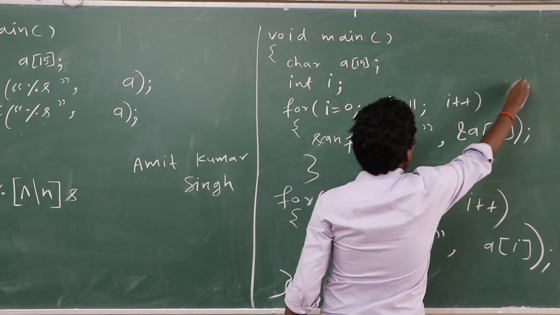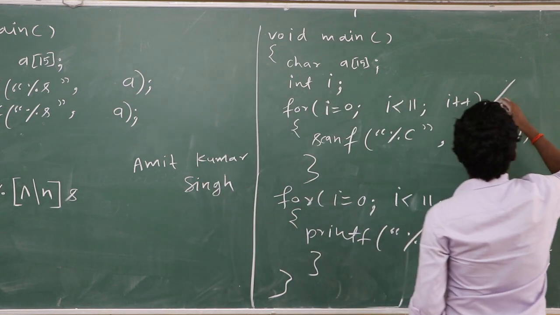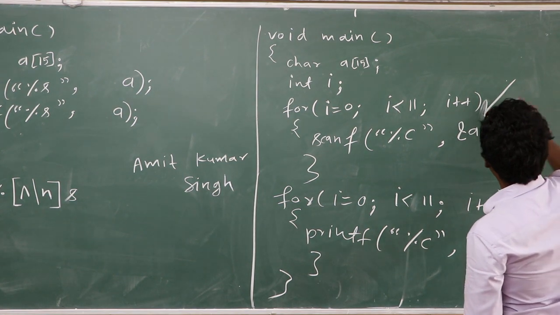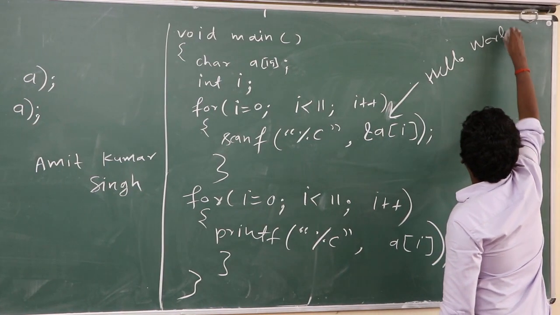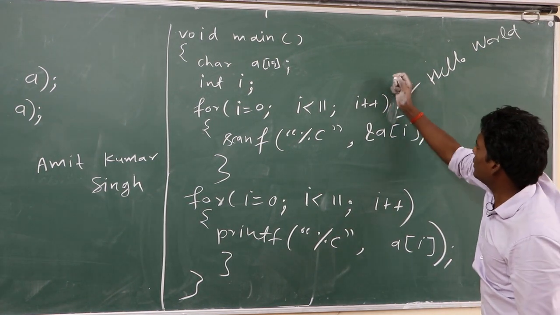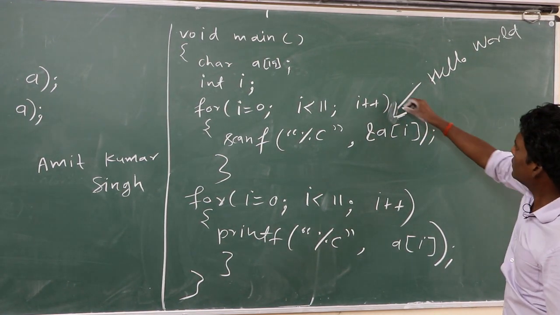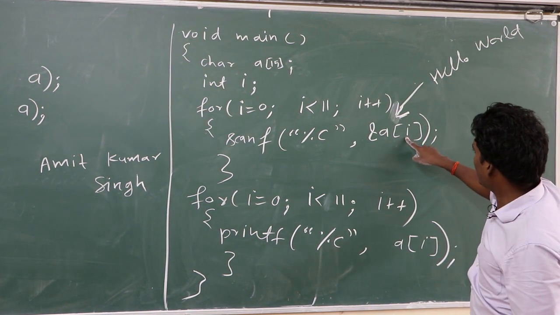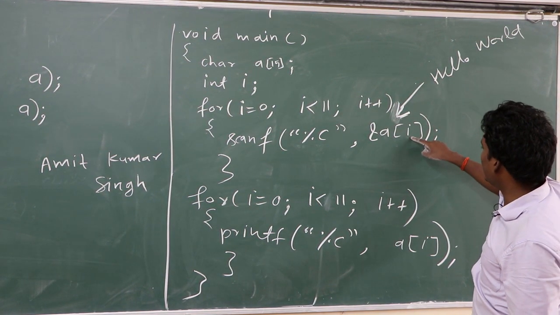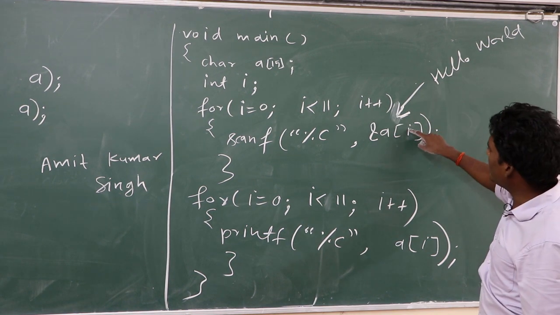So when you input here hello world, first time H will be entered here, second time E will be entered here, third time L will be entered here.